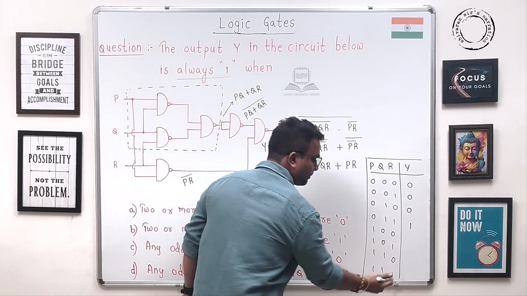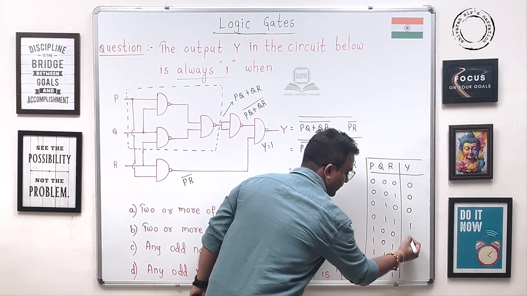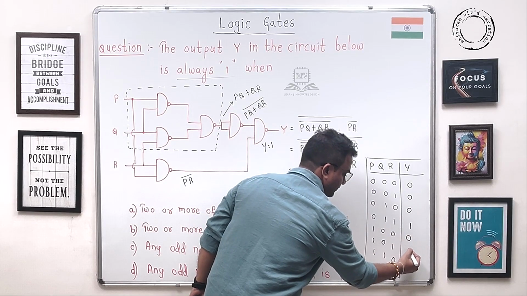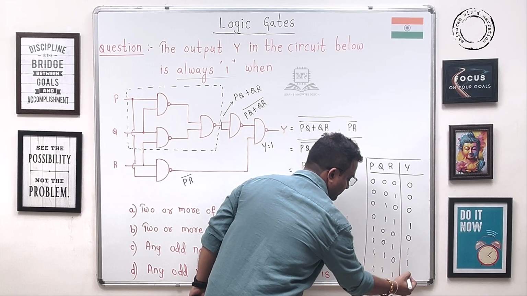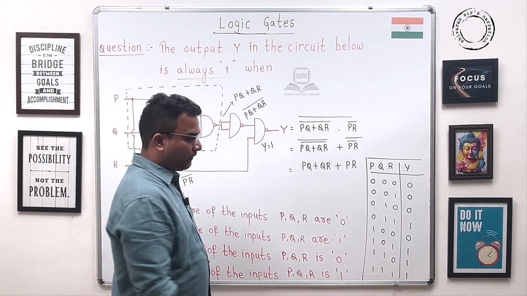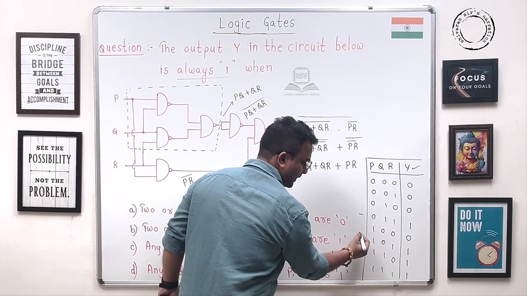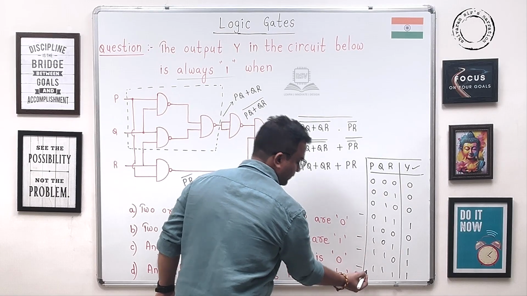When you perform as per this Boolean expression, you will get the output column like this. Now you see when output is becoming logic 1, for this case here, here, here.